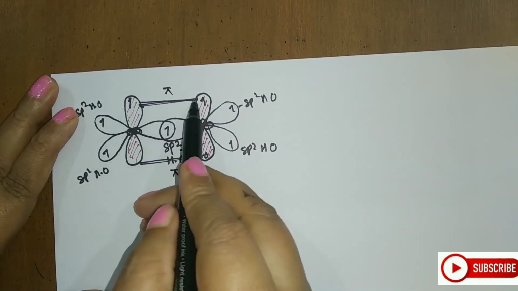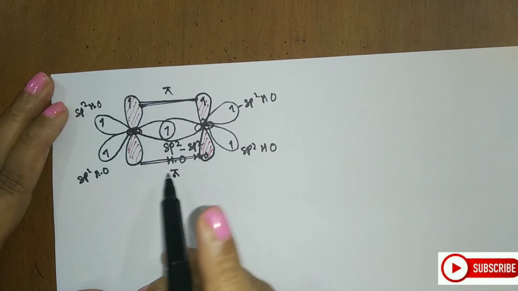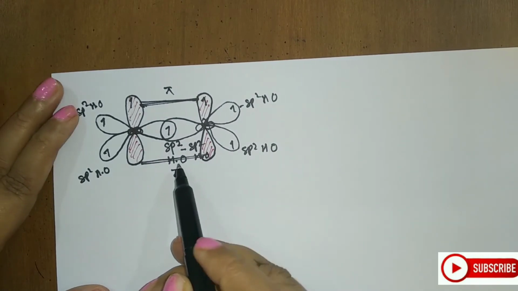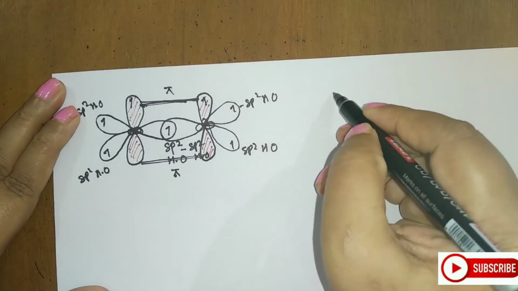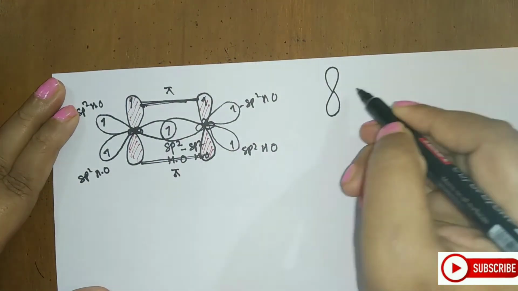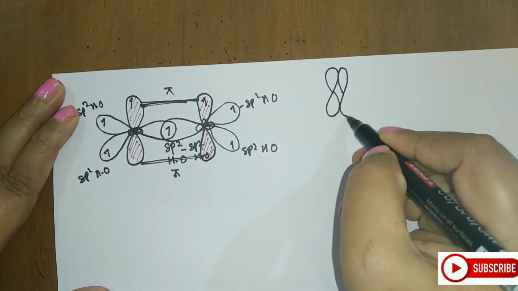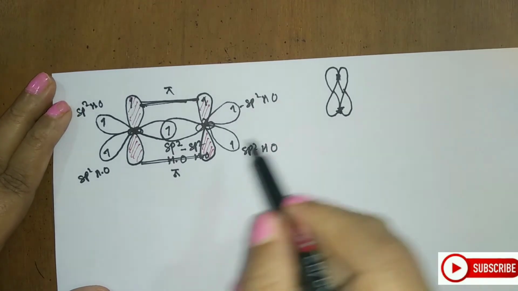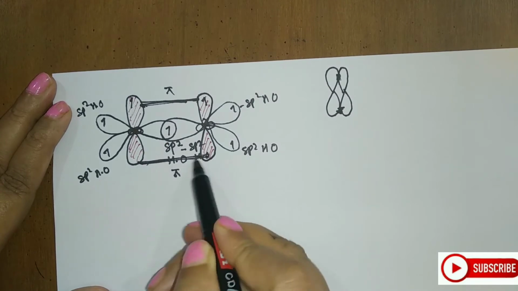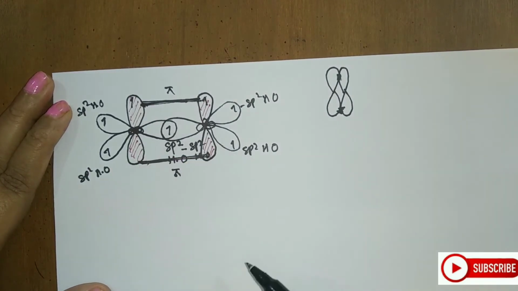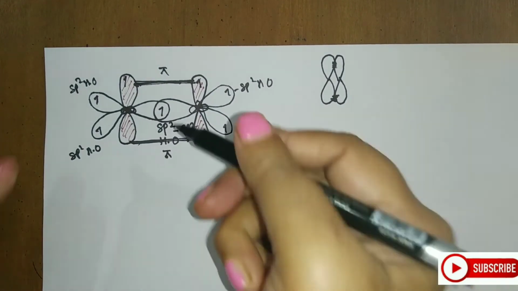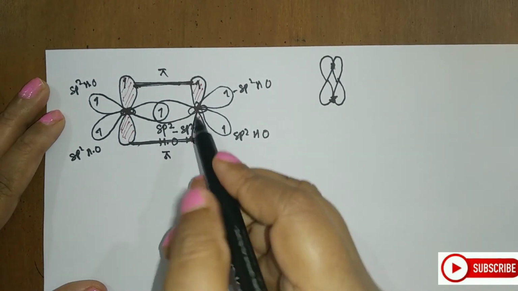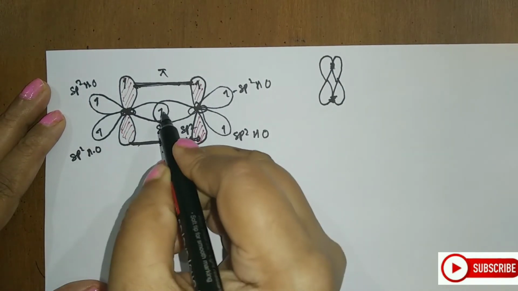Although I am showing the overlap above and below, that doesn't mean they will form two bonds. Overlap in this way, above and below the internuclear axis, gives you the pi bond. So this is what it means, that they are overlapping in this fashion, and therefore we have to show the overlap like this. So this is about the C2, C and C overlap. Now one electron from here and one electron from here.